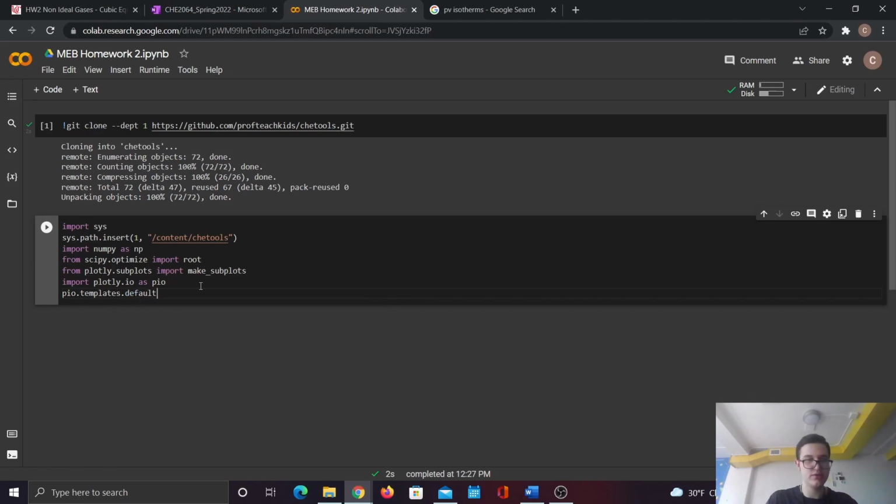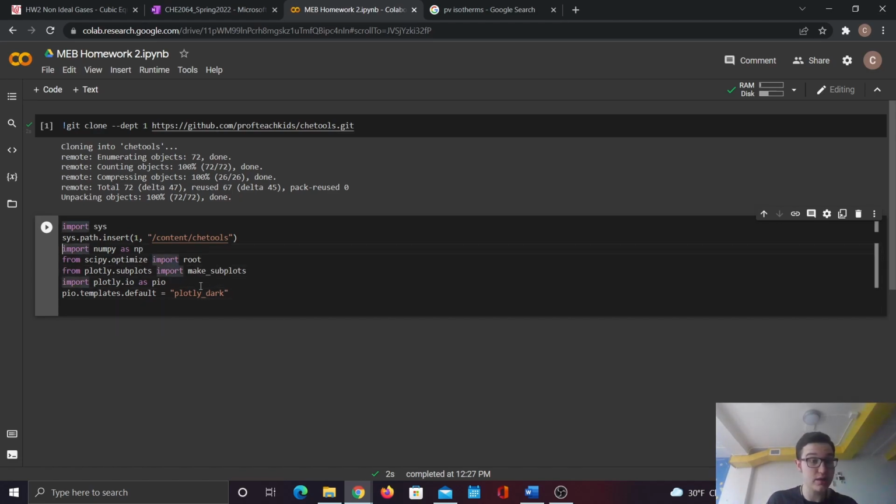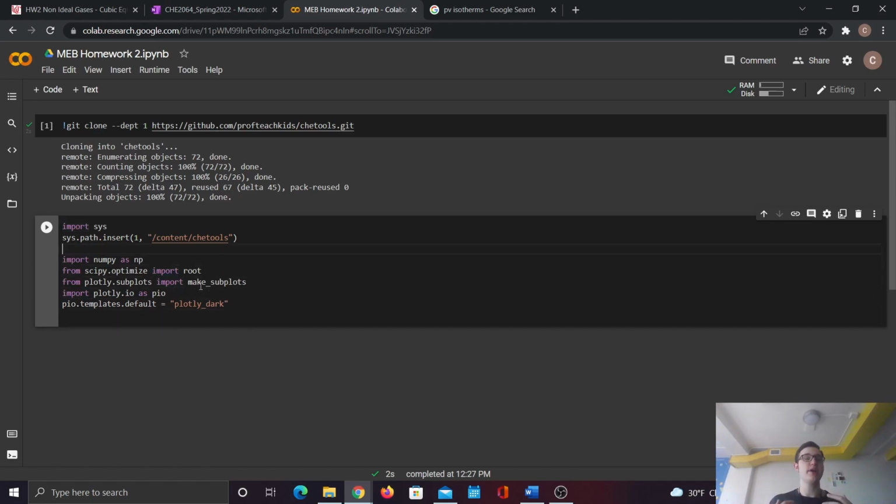For that end, po.templates.default should equal plotly_dark. Oops. Because we're going to be inputting the values for the critical temperature and critical pressure of water, I need to import tools.che as che.